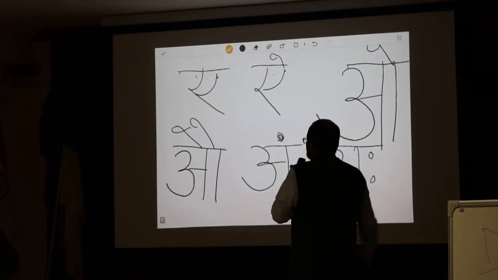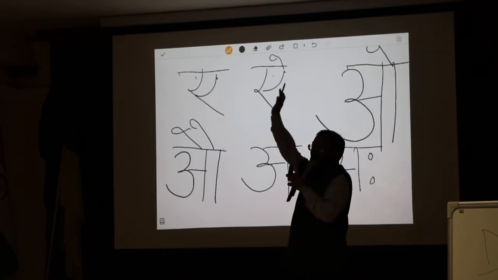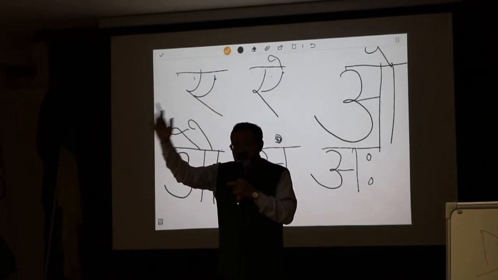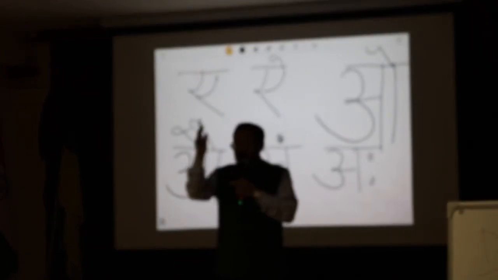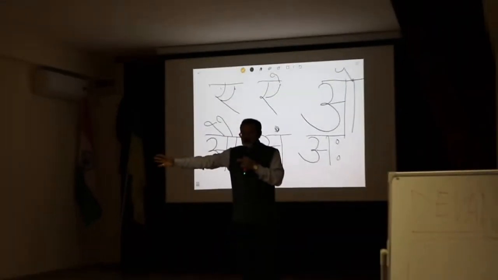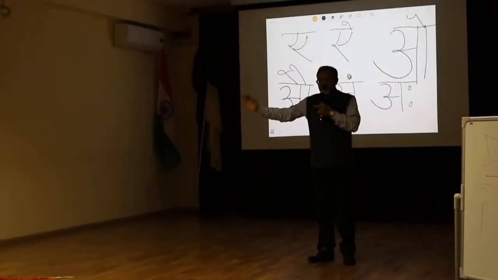So, we learned 6 in the beginning. Which were the 6? Какие буквы мы выучили?